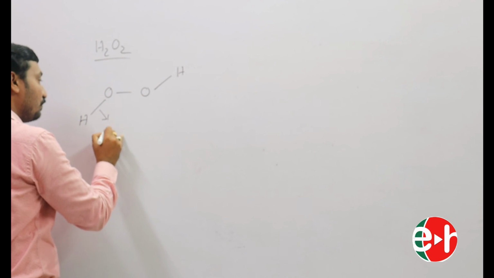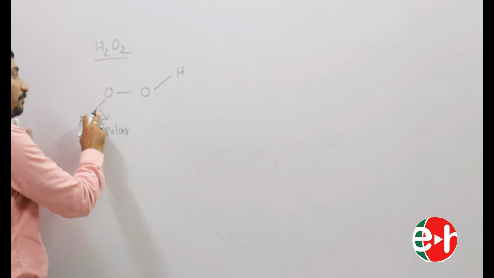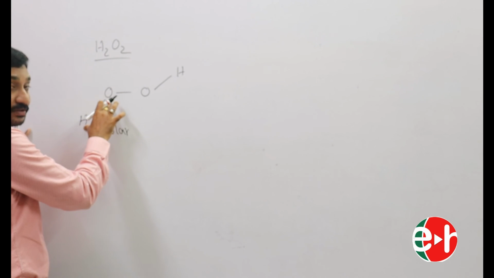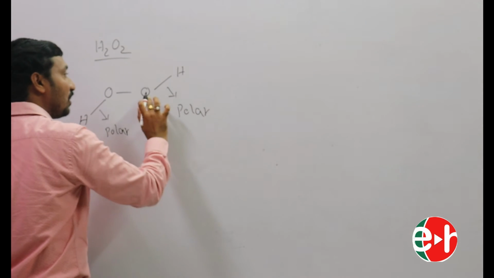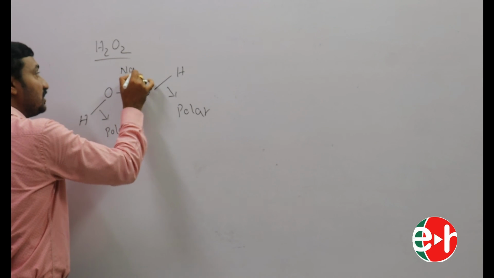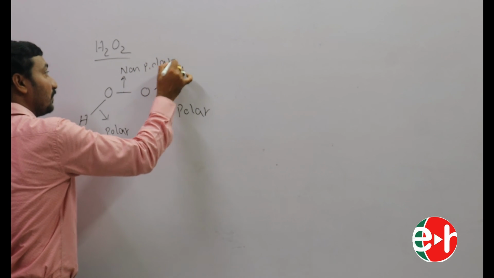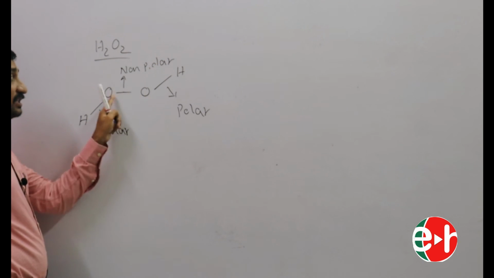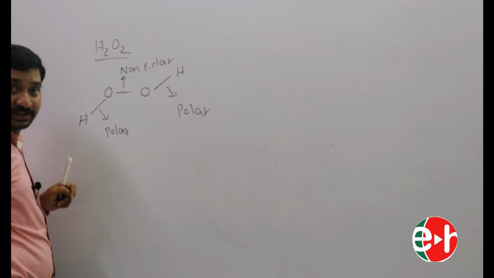This is a polar covalent bond because it is between two different electronegative atoms. This is also polar, oxygen and hydrogen. This is non-polar because of similar atoms, same electronegativity. So in H2O2, both polar and non-polar bonds are present.